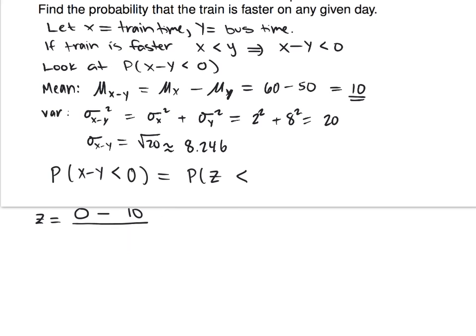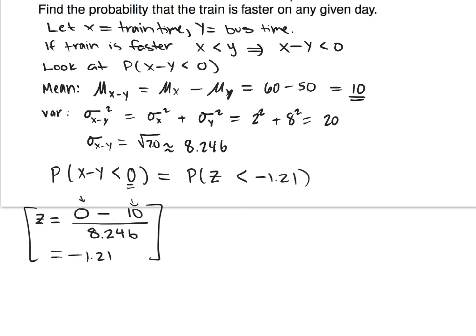Your standard deviation is 8.246, which comes out to be negative 1.21. So that's your x value minus mean over sigma, except your x value actually is this x minus y value.